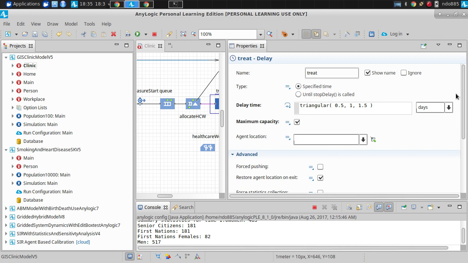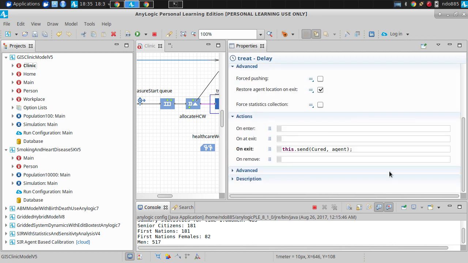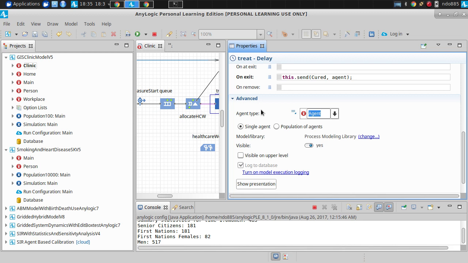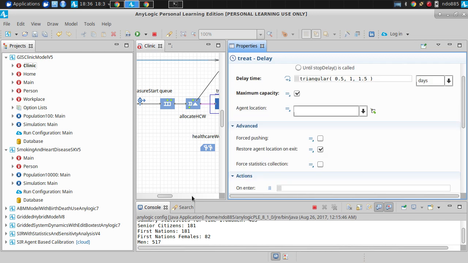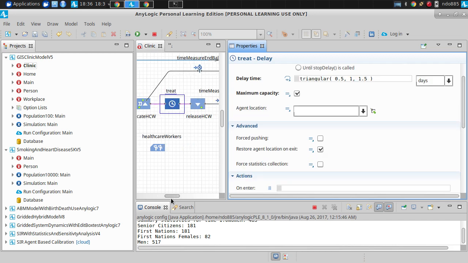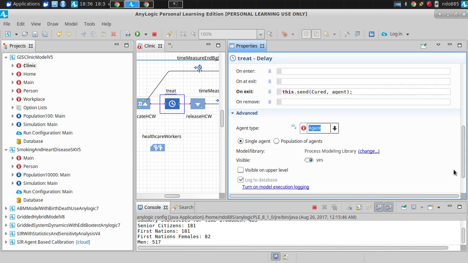Now you may notice it's not immediately obvious, but down here in advanced, it says agent type agent. It's just dealing with this person that's coming through, and it's assuredly a person. There ain't no deer going to this clinic presenting for care. Here, it's just dealing with them, though, as an agent.